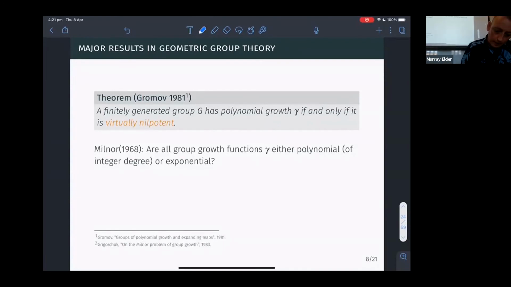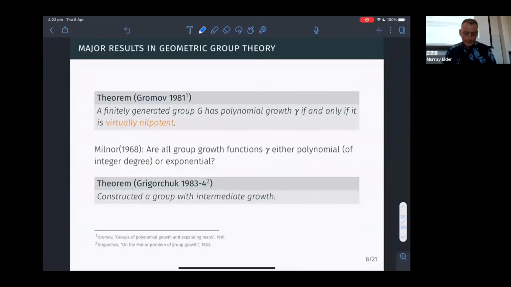Milnor, long before this, asked, are all group growth functions gamma polynomial or exponential? Is it possible to have anything in between? And because Milnor couldn't think of anything, Grigorchuk constructed an explicit example of a group acting on rooted binary trees.